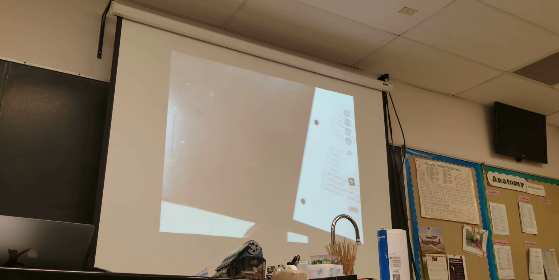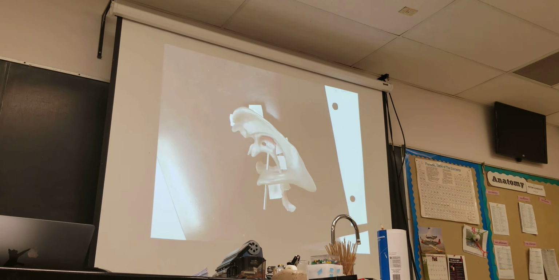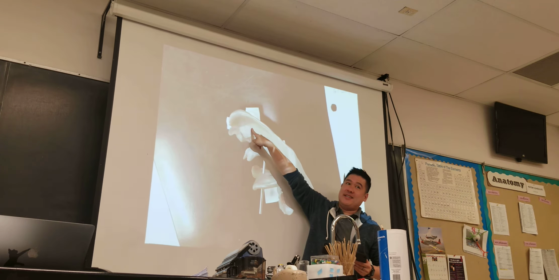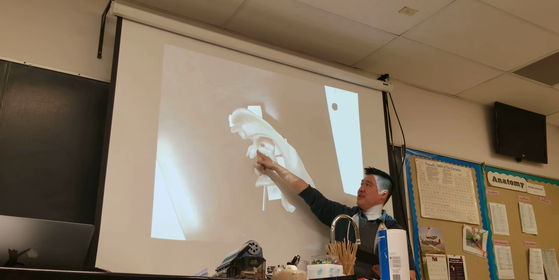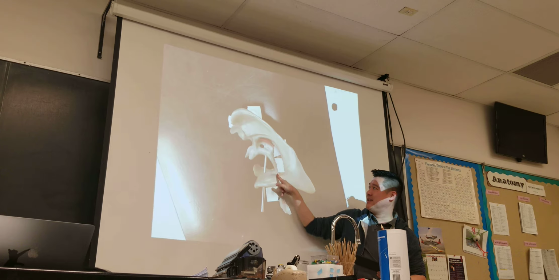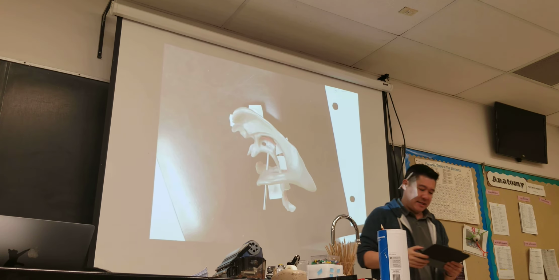Cerebrospinal fluid. So, they numbered it. Okay, so what is this structure? Lateral ventricle, third ventricle, fourth ventricle, cerebral aqueduct.